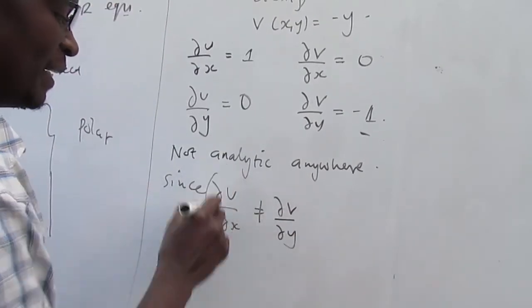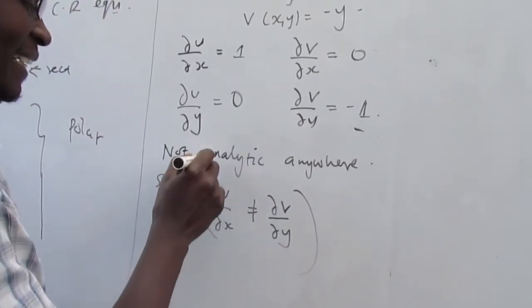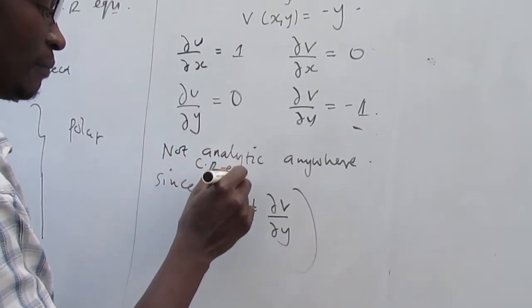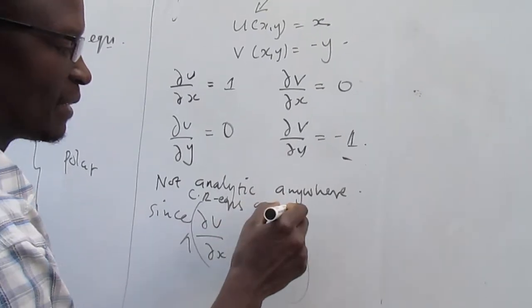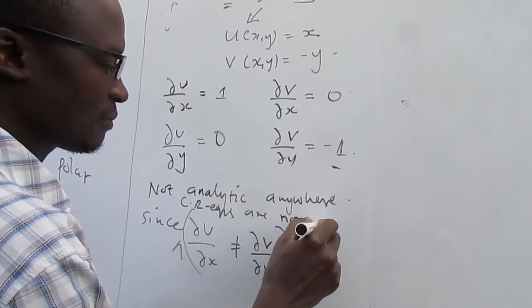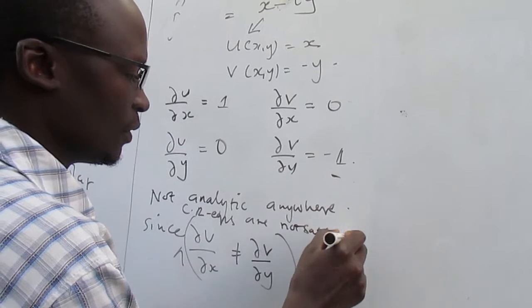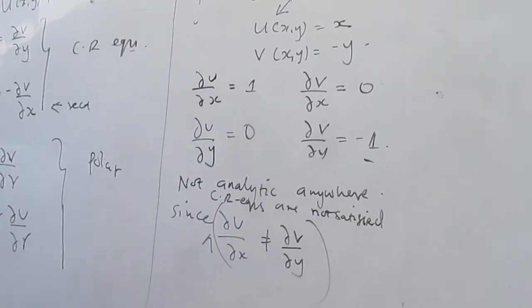But now maybe we can just say that since the Cauchy-Riemann equations are not satisfied, or one of the Cauchy-Riemann equations is not satisfied.